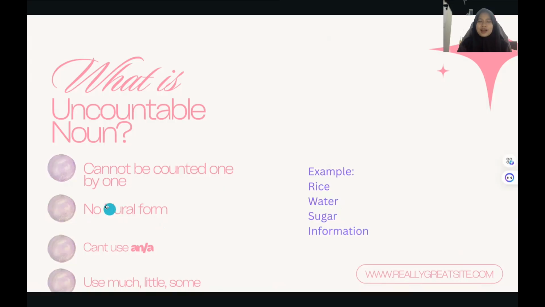If you want to say the plural of this noun, it can't be added with s or es because an uncountable noun is always singular. And if you want to add a description like two of it or three of it, you need to add s or es on the object. For example, two bottles of water. The thing that you add s to, to show that it is plural, is the object, not the noun.